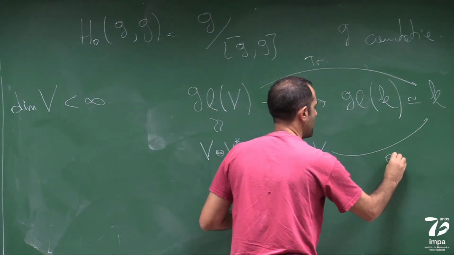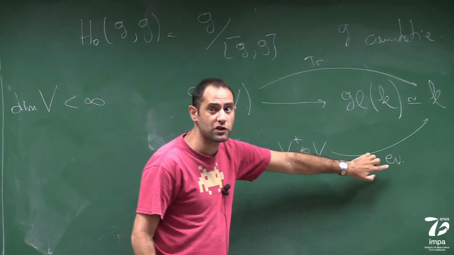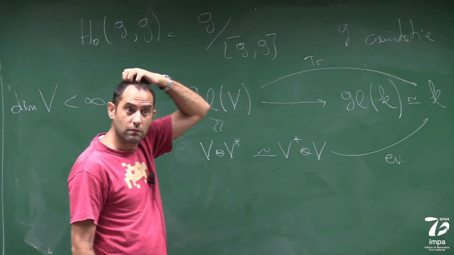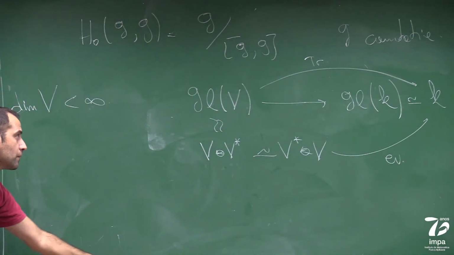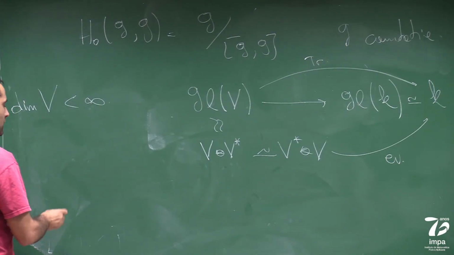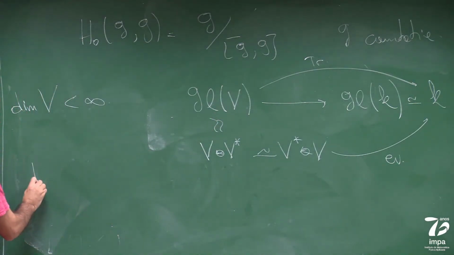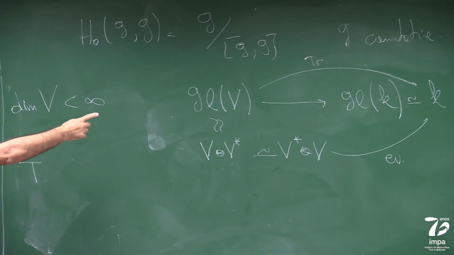So this is the evaluation map. The composition of this isomorphism with the evaluation map is called trace. And the trace is a morphism of Lie algebras.